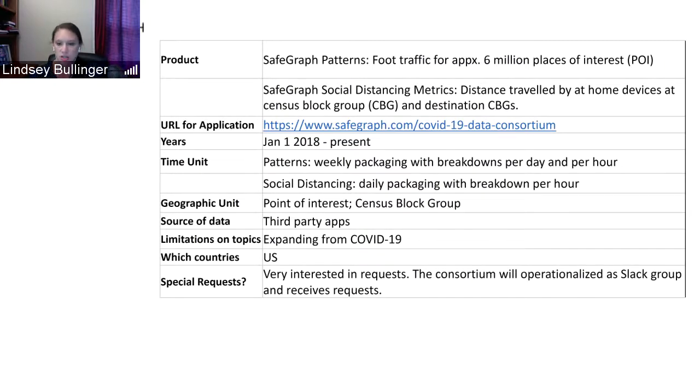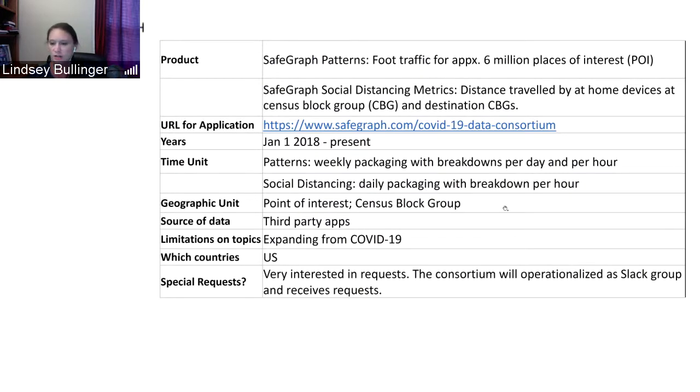The different time dimensions vary based on the product. In the patterns database, the data are reported weekly and they have breakdowns per day and per hour. And the social distancing package has daily information and it's broken down per hour.